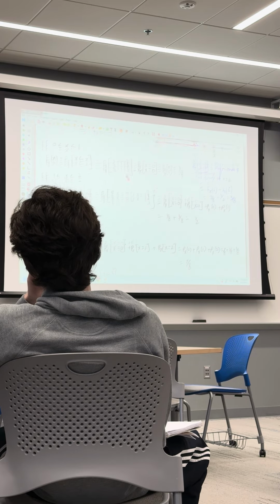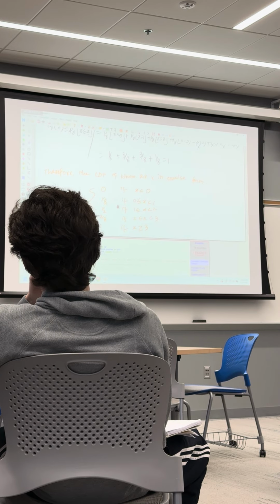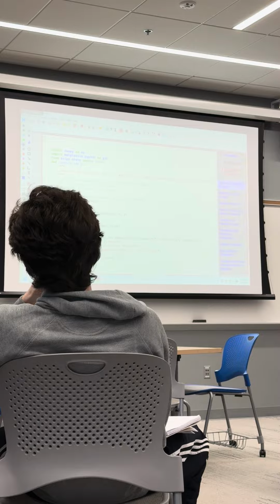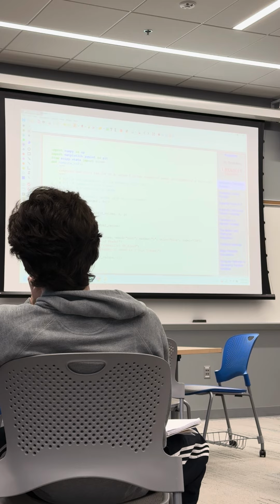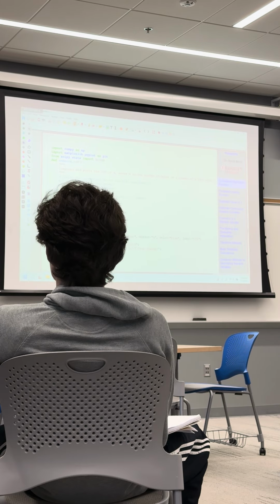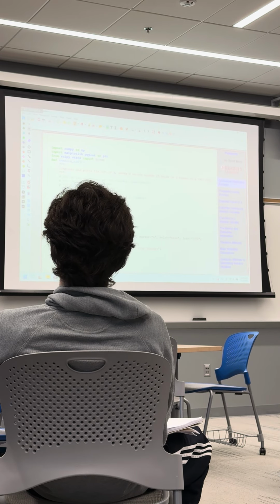Now let's go through some properties. But before I go through properties, you can implement the CDF as such. Guys, here there is a different way of computing the CDF.